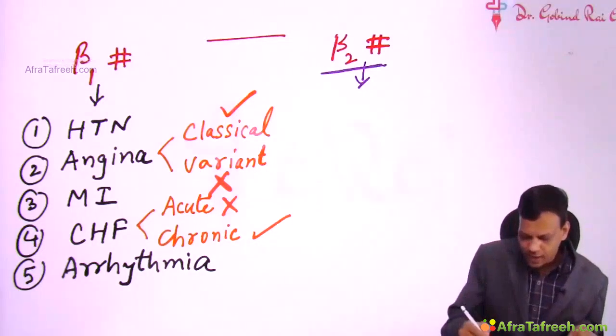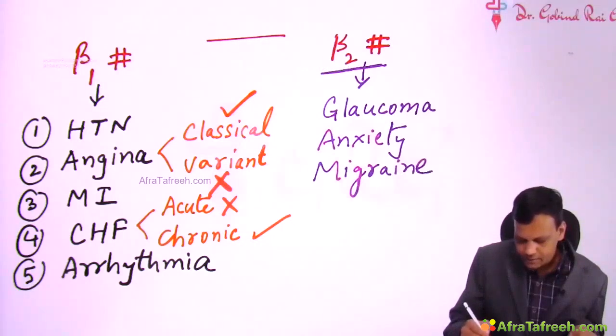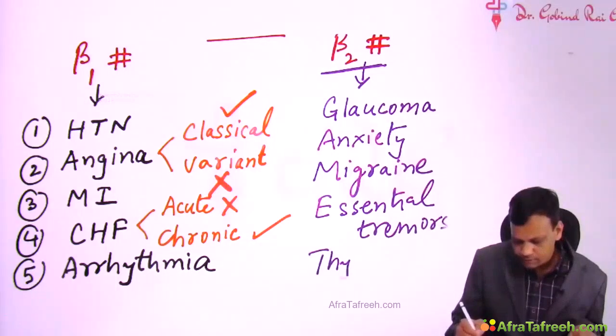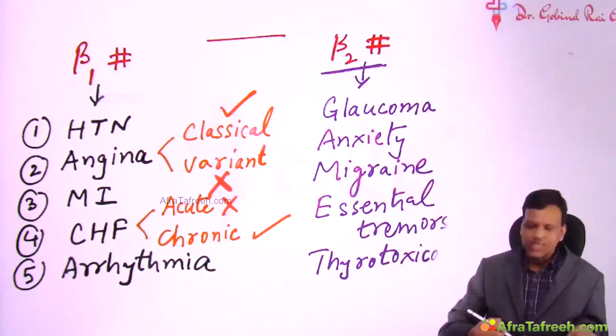So outside the heart we can use beta blockers in glaucoma, anxiety, migraine, essential tremors, thyrotoxicosis. So important uses of beta blockers outside the heart.